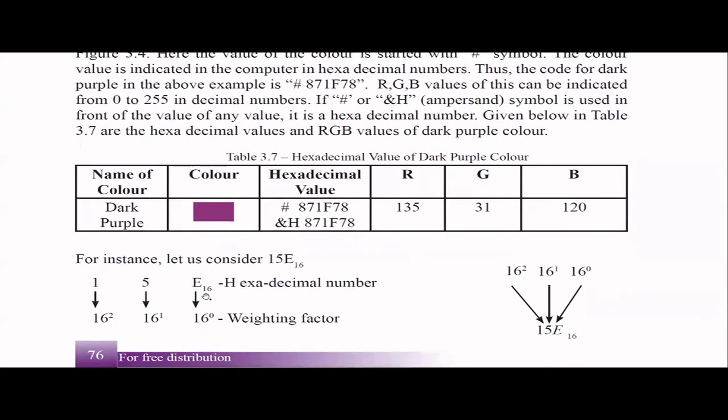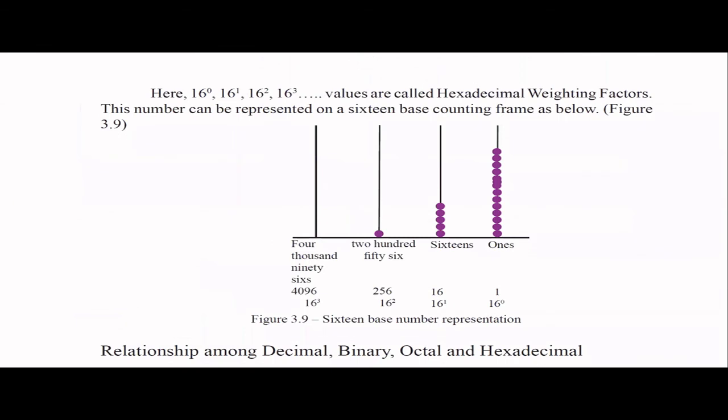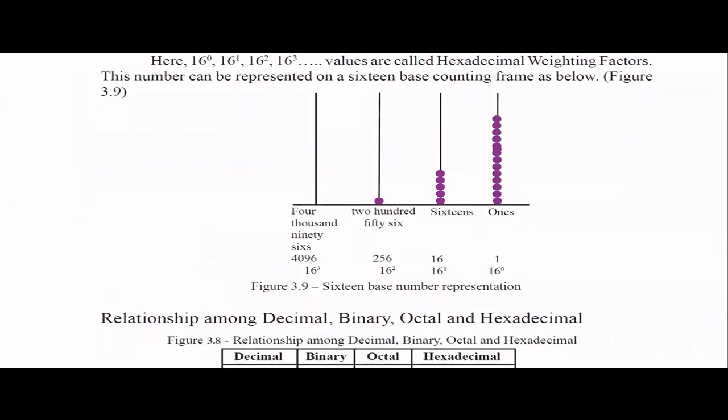Understood? So we'll see how it is represented in the abacus or the counting frame. In this one, this represents ones, very similar, right? So any number of balls here means times 1. Here it represents 16s. Why? 16 to the power 1 is 16.